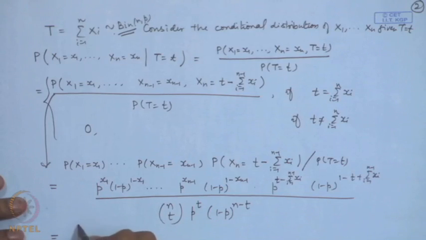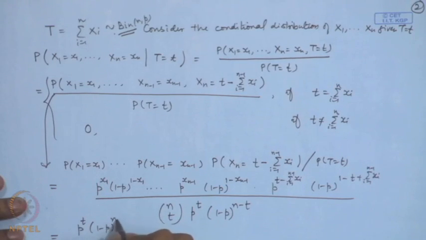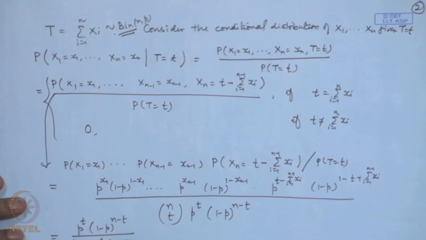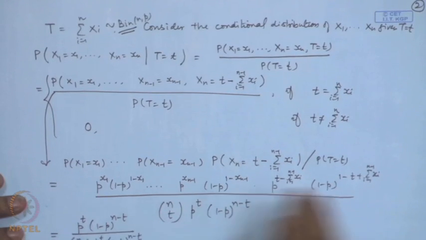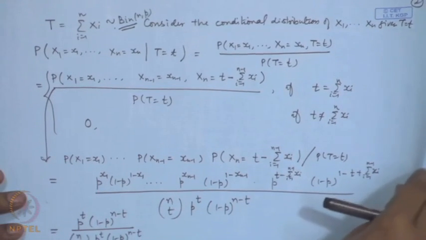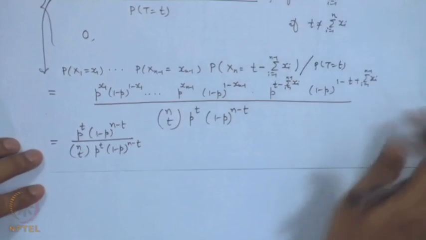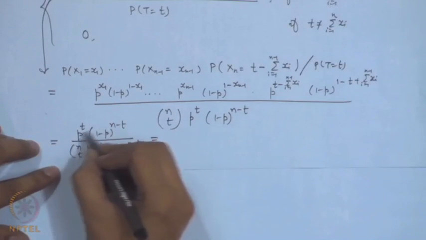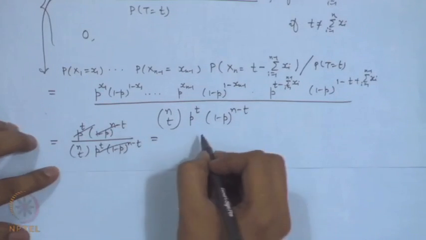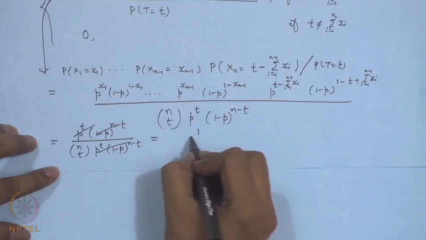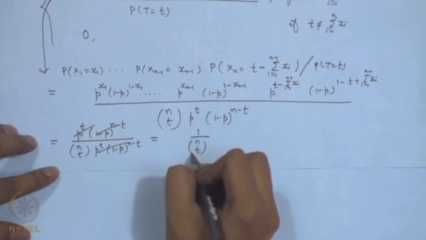So, you get p to the power t into 1 minus p to the power n minus t, divided by n C t p to the power t into 1 minus p to the power n minus t. Now, this term simply cancels out. So, we get 1 by n C t.